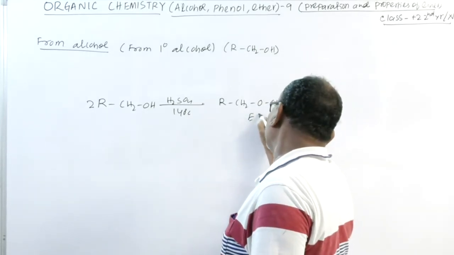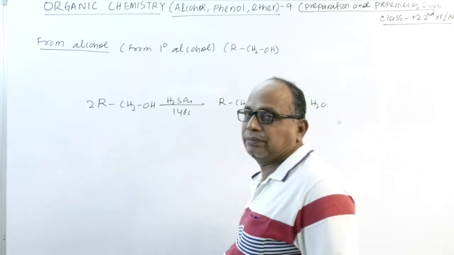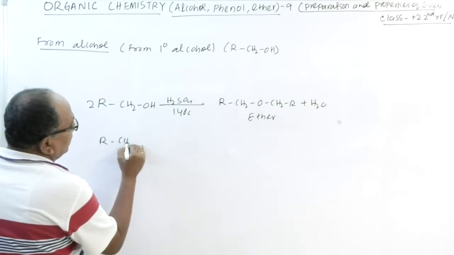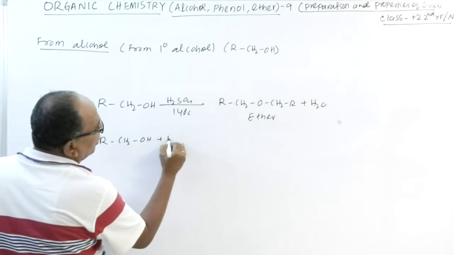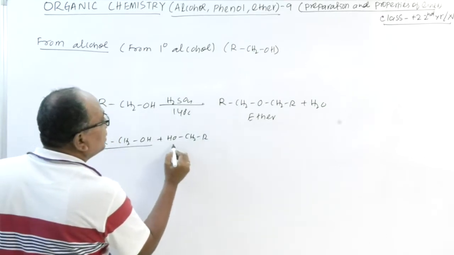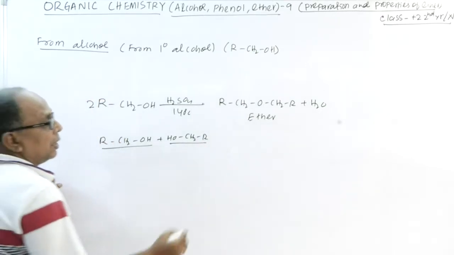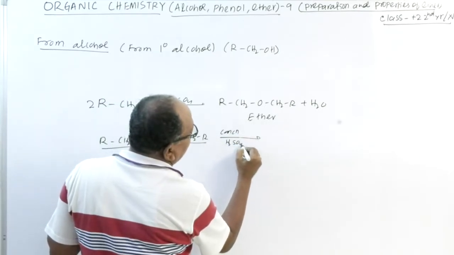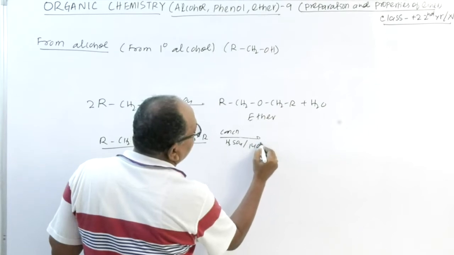Simply you can say RCH2OH plus OHCH2R. This is one molecule of alcohol, this is another molecule of alcohol, and you treat it with, suppose, concentrated sulfuric acid at 140 degrees C.